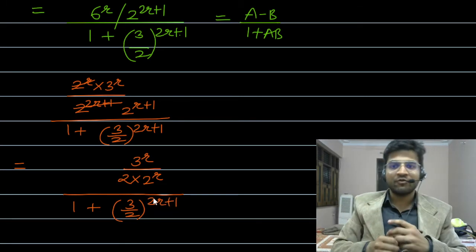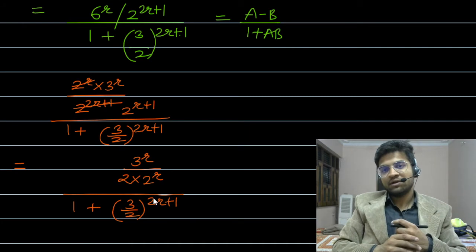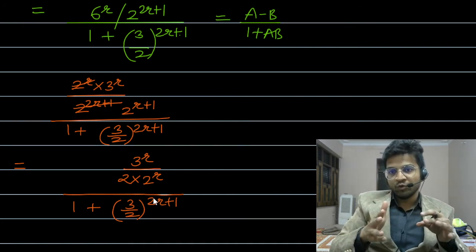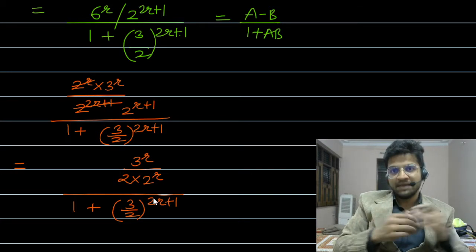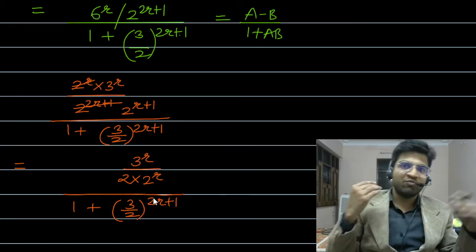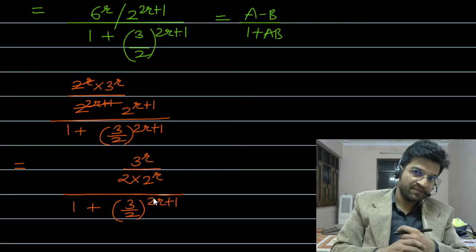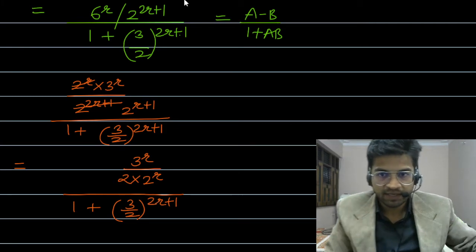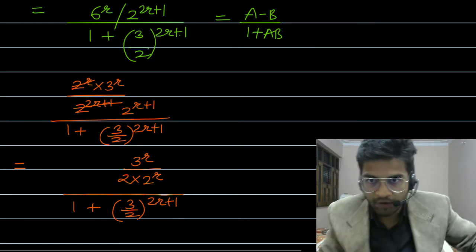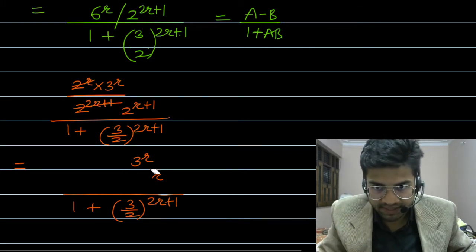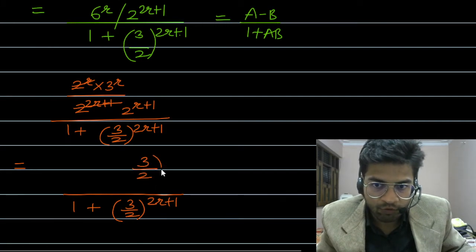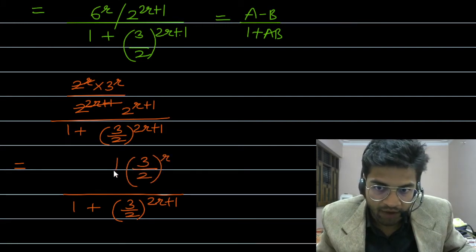So now we have to think about it. The numerator should be of the form a minus b and this 3 by 2 to the power 2r plus 1 should be ab. What are the different possibilities for this? We have to think about it, we have to brainstorm, right? So the numerator, let us simplify it even more, is 3 by 2 to the power r into half.